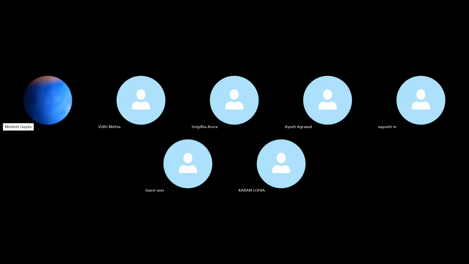Now a few more things, like how many cars are produced in India in a year? Four-wheeler, passenger and commercial.